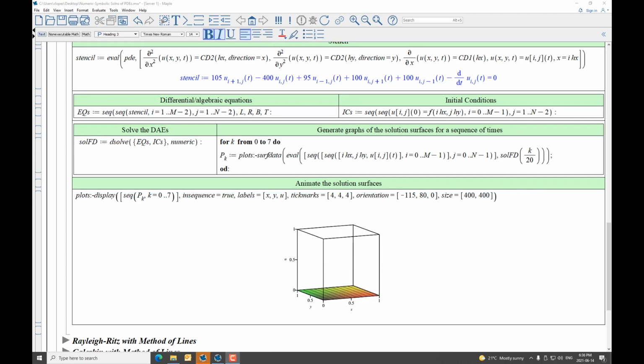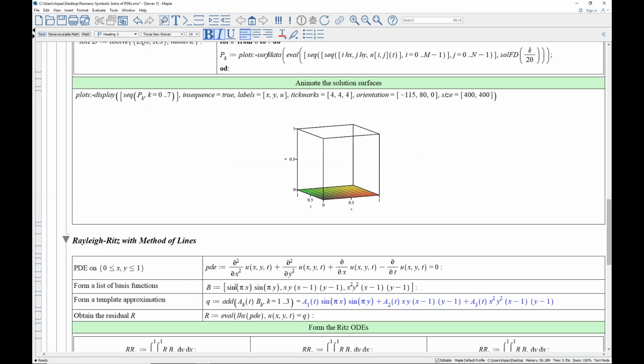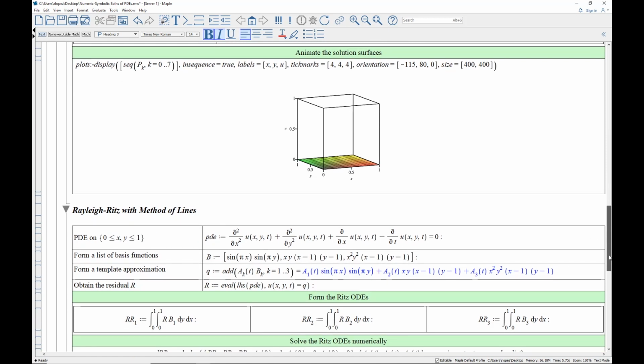Let's implement the Rayleigh-Ritz approach. Differential equation. Basis functions. I picked 3 of them: 1, 2, 3. Template: A1, A2, A3, those are functions of t. This is put into the differential equation. We get a residual. Make the residual orthogonal to the basis functions, B1, B2, B3.